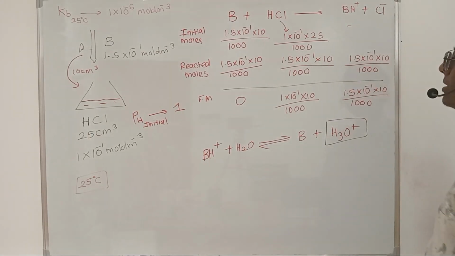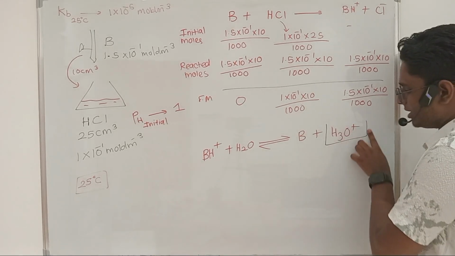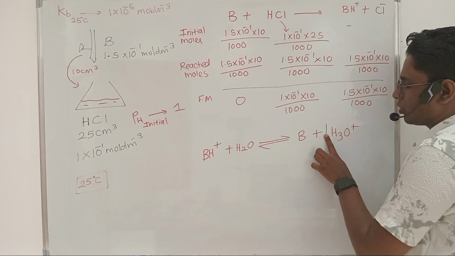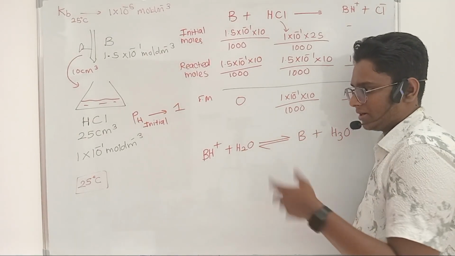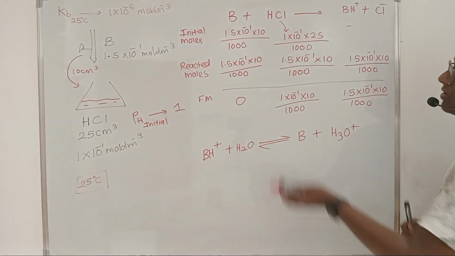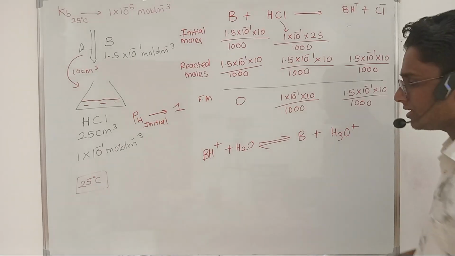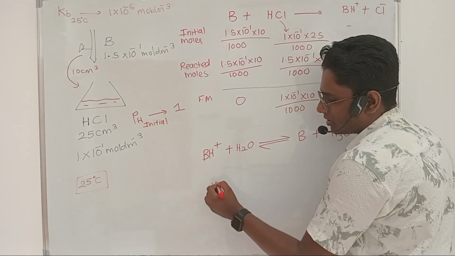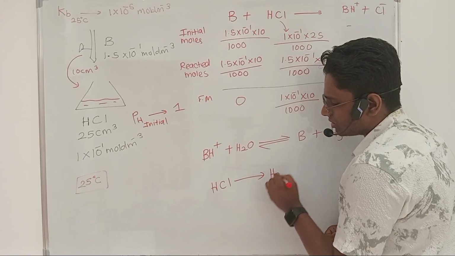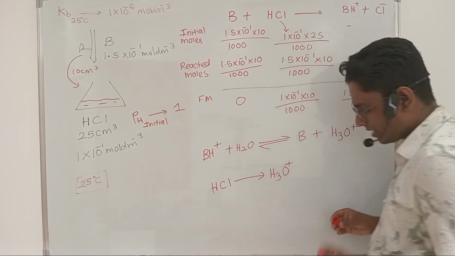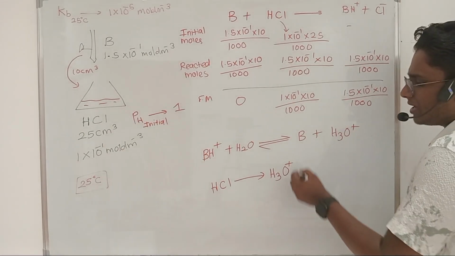Now who's going to determine the pH? Is it HCl or BH+? BH+ is a weak acid, so normally it provides only a little H+. HCl is also present in the solution, and it is going to ionize completely because it is a strong acid, providing H3O+ ions to the solution. So the concentration of H3O+ will be higher.